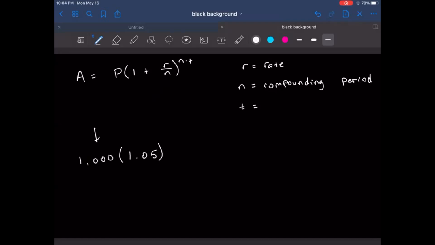If I get 5% a year, I'm going to get $50, which equals 1050. Do it another year: you get your 50, but then you also get 5% on your initial 1,000 plus the 50. Do you understand how the compounding works?